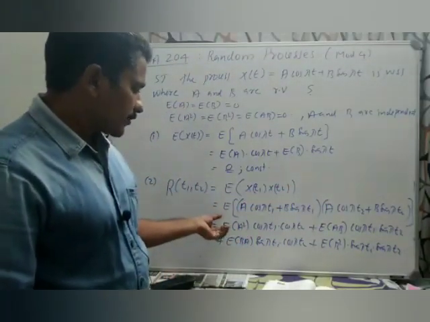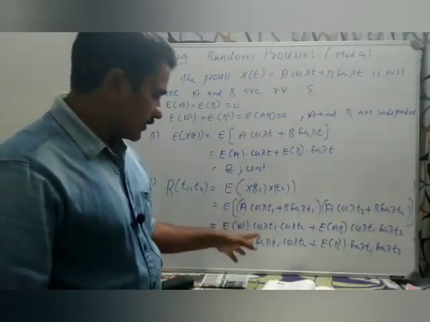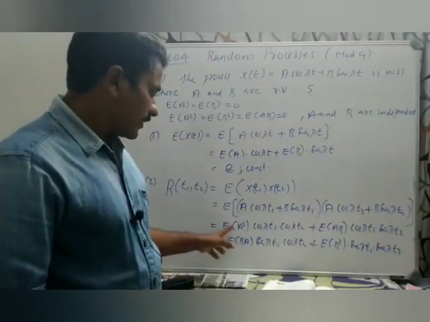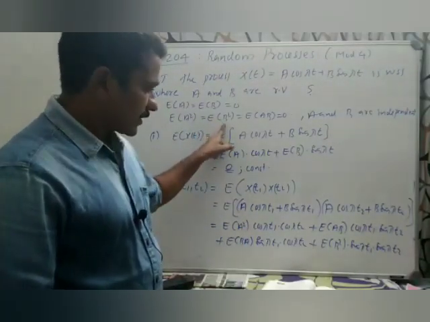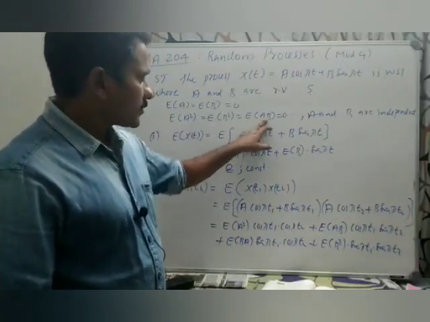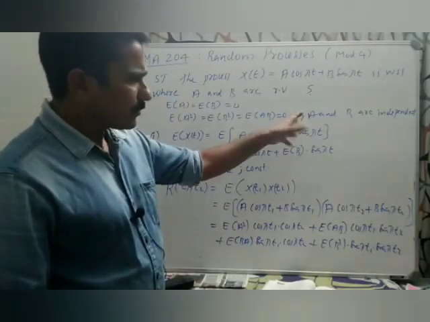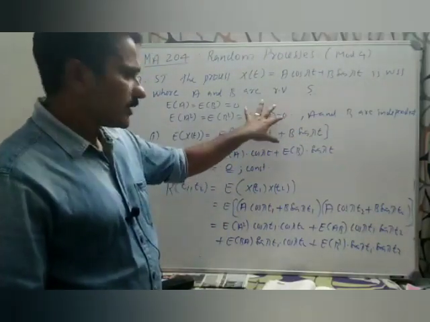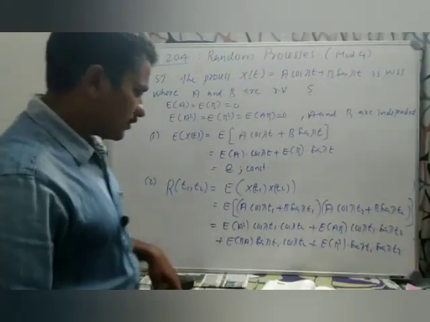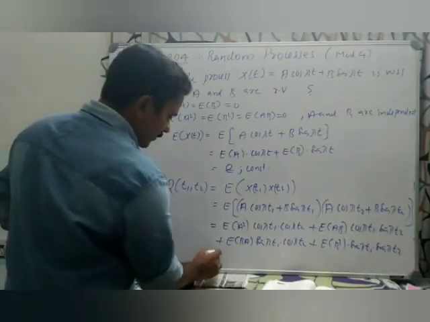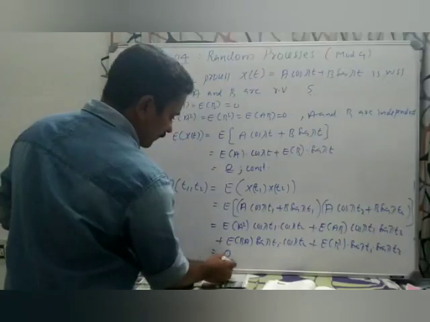And it's enough to take the expectation of only the random variables. And all these values are given. Expectation of a square is 0, expectation of b square is 0, expectation of ab is 0. Since a and b are independent, expectation of ab and expectation of ba are all 0. So here when you substitute all these values, you will get 0.